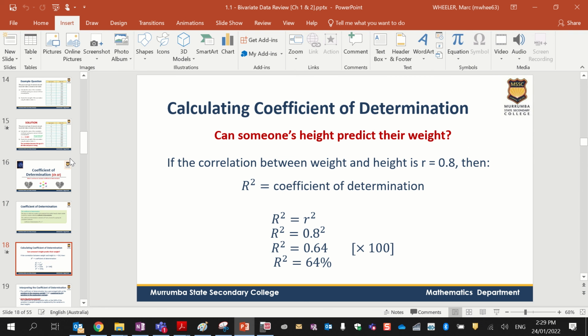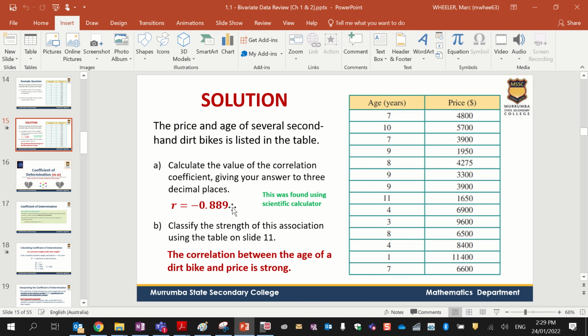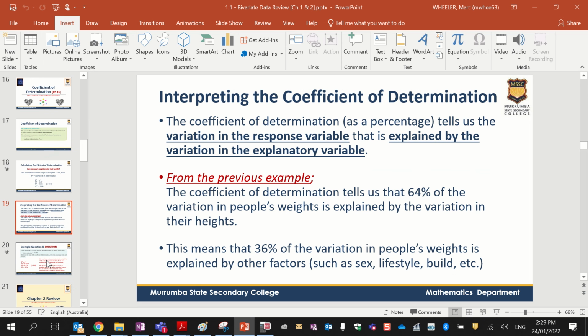So to find it, if you know what R is, you just have to square it. So in this example, we're doing 0.8. If we used our last example, we would just square that value. Notice you'll always come up with a positive number because any negative value squared will give you a positive, and any positive value squared will also give you a positive. Okay, so just remember that.